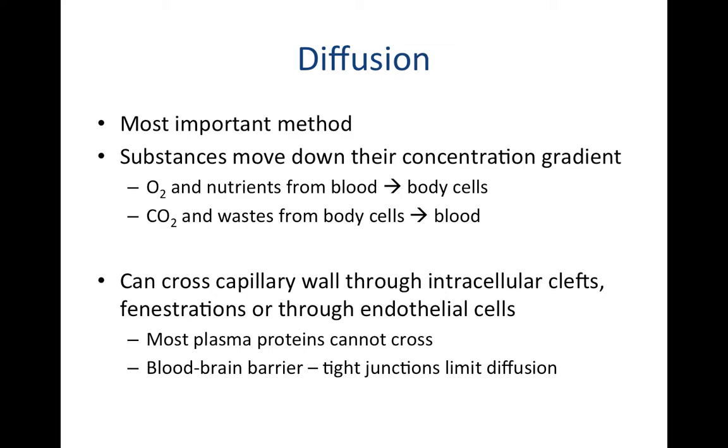Diffusion is the most important method, and it's just like diffusion that you have talked about anywhere else in the body. A substance will move from an area of higher concentration to an area of lower concentration.